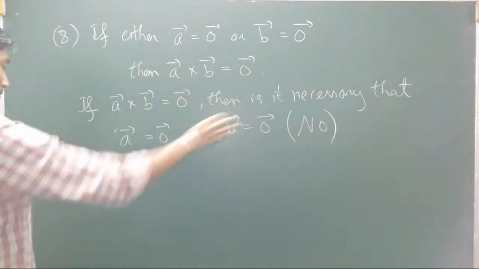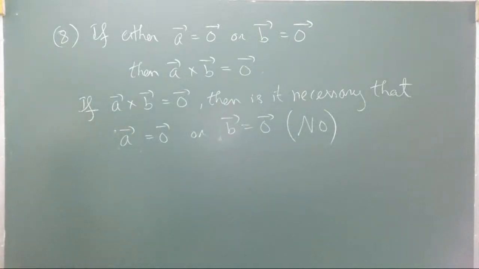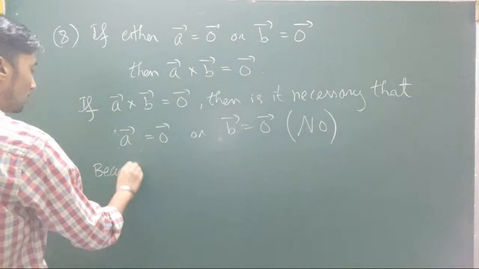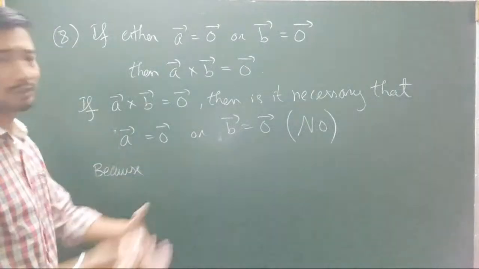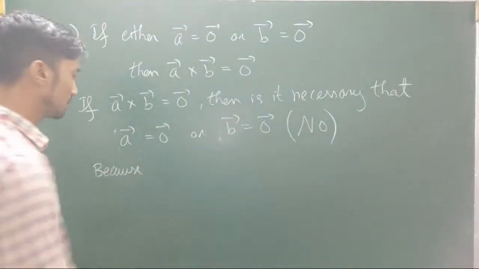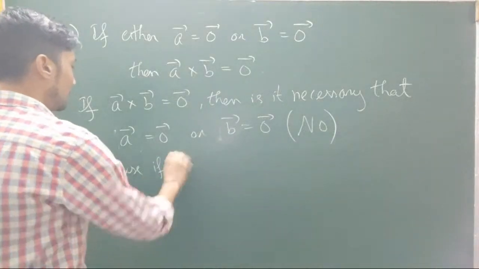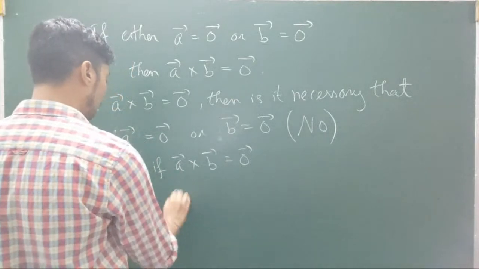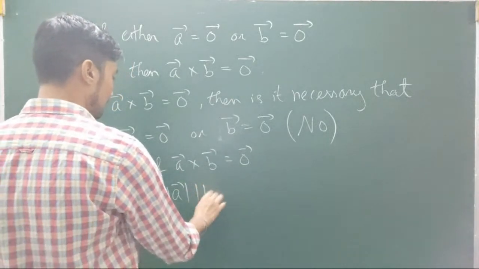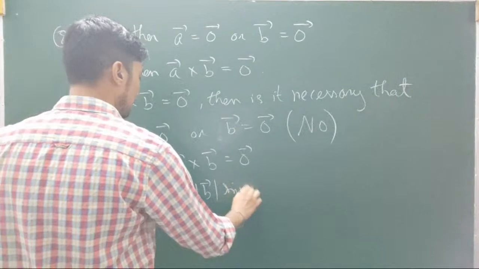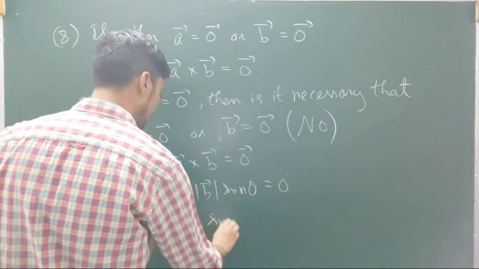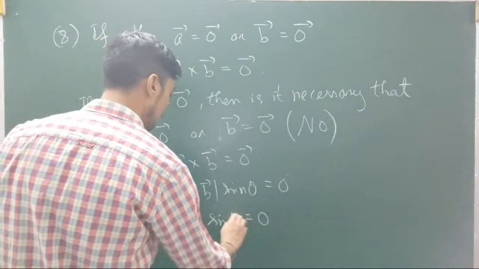So the answer is no. You can write it in your own words, because there are many approaches to this. You can try a different approach also: if A cross B is a zero vector, then A B sine theta is 0, so that means sine theta is 0.